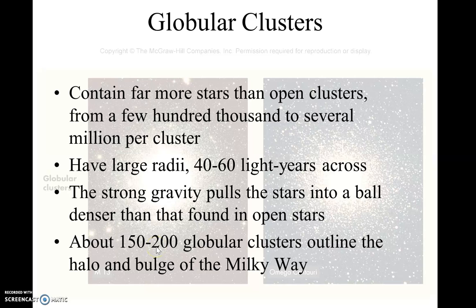Remember, these are spheres that surround the galaxy. They exist in the halo. They contain anywhere from a few 100,000 stars to as many as several million stars, but no more than 2 or 3 million stars.